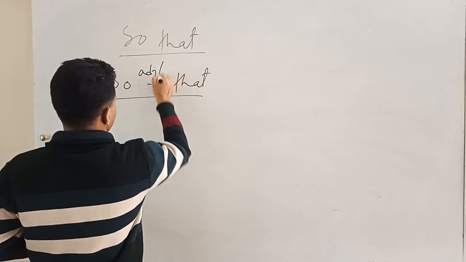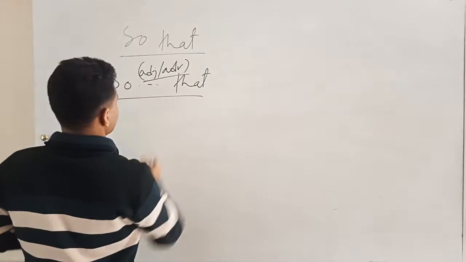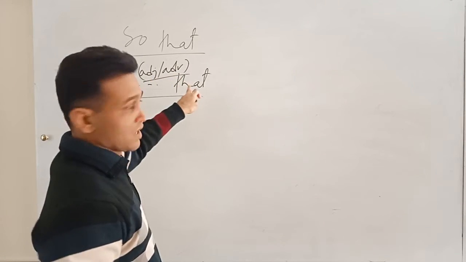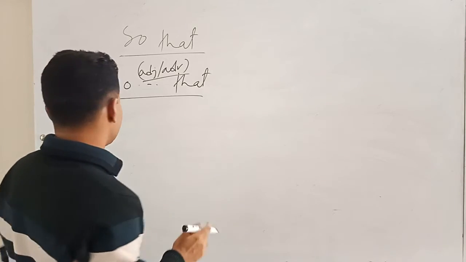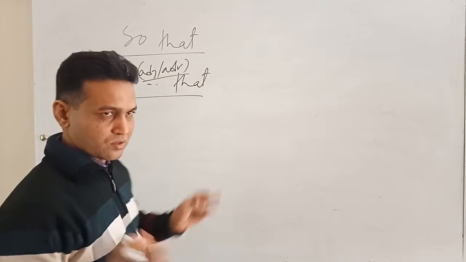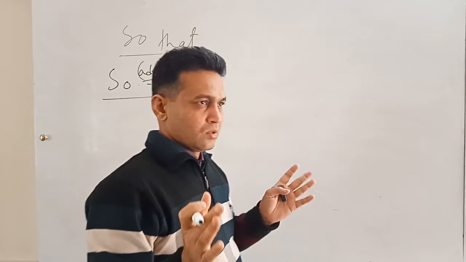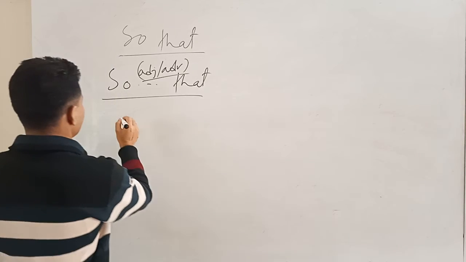Here adjective or adverb will be written in this gap. Okay. So plus adjective or adverb plus that. With this structure, if you complete a sentence, you have to use a complete clause according to the tense of the given clause or subordinate clause.